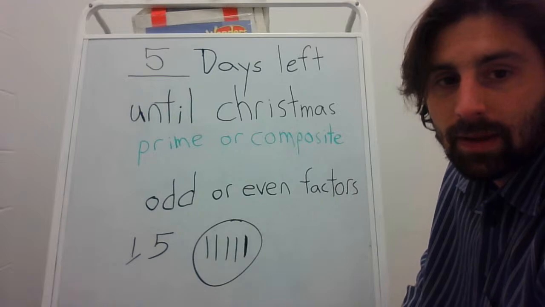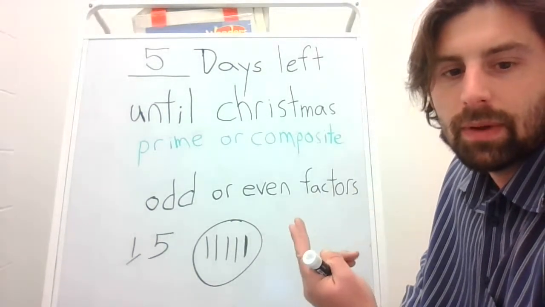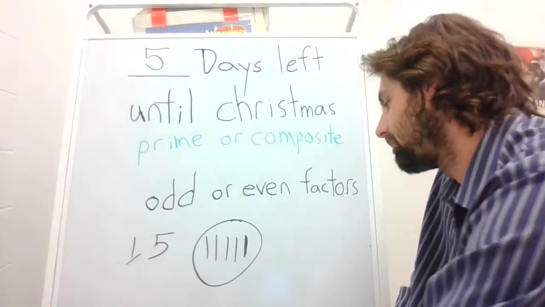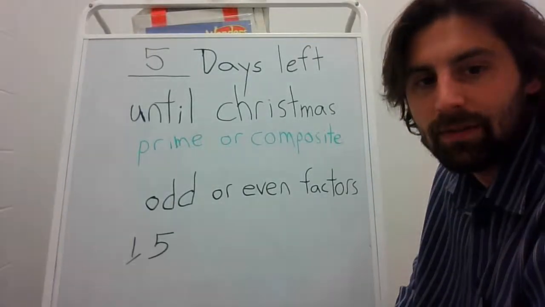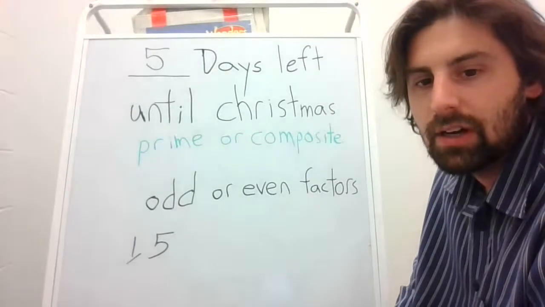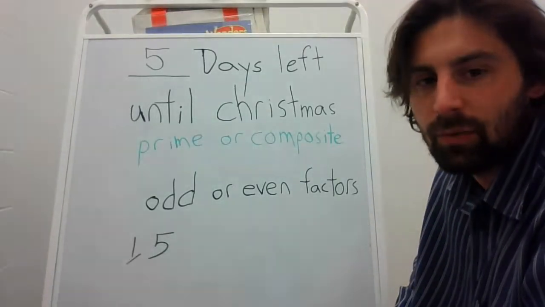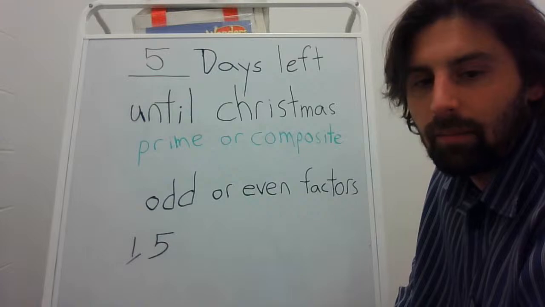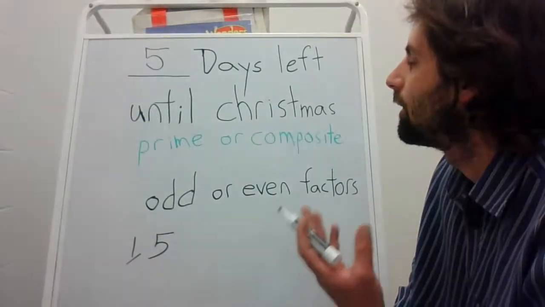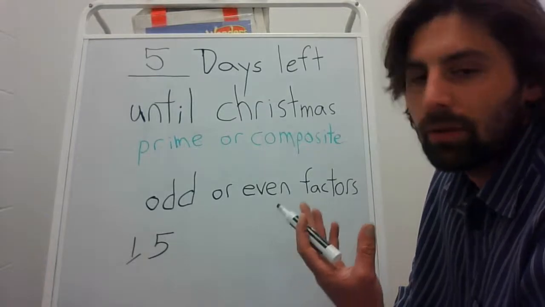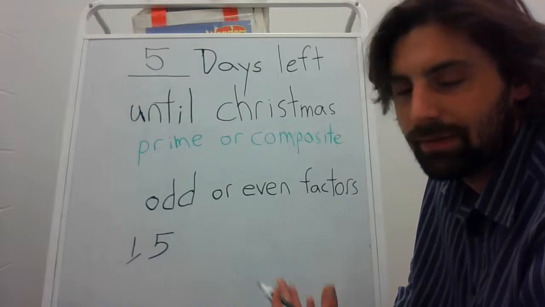Now, what we need to determine is if 2, 3, and 4 are factors of 5. Can the numbers 2, 3, or 4 divide 5 equally? Numbers 6 and beyond we don't have to worry about, because a number larger than 5 cannot be a factor of 5. Factors of 5 would only be 5 or less.